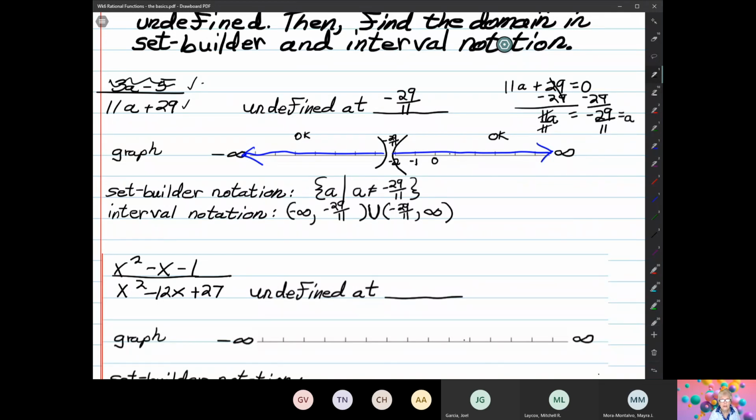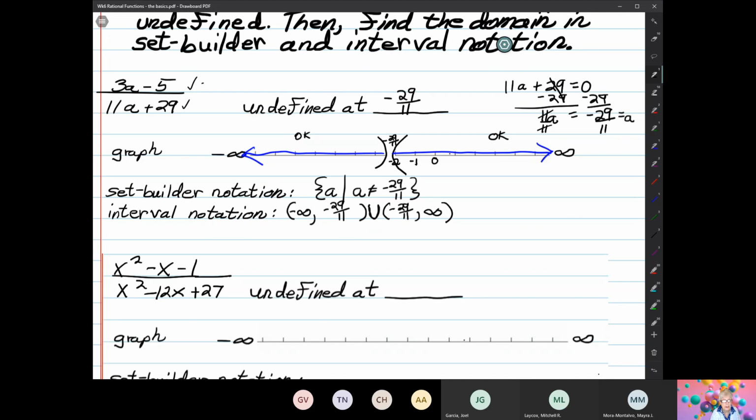So here we've stated the number that will make this rational expression undefined, because it will make the denominator equal 0. Then we graphed the domain.